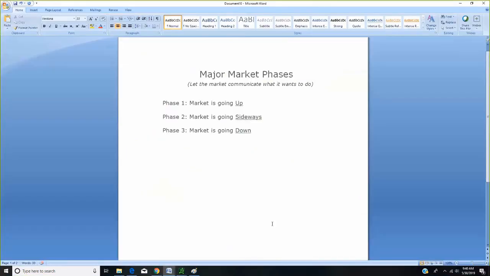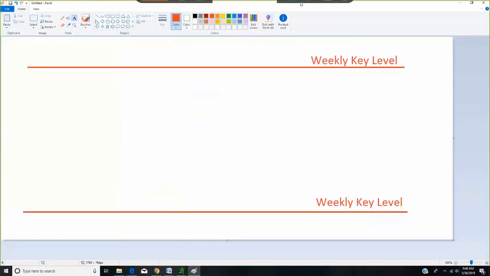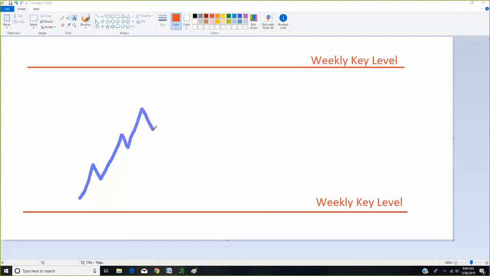Now, the next market phase is sideways. In a perfect world, sideways would look like this. Let me go to my blue marker. In a perfect world, it would look so clean like this, right? Now, you and I both know that's not always the case.